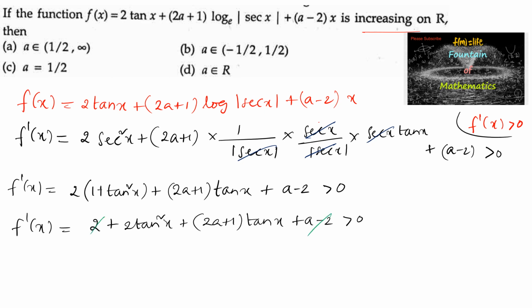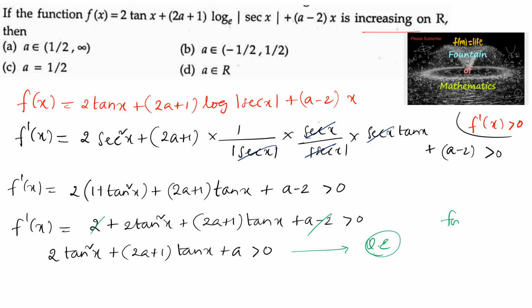So finally we get 2 times tan square x plus (2a plus 1) of tan x plus a is positive. So here it is an inequality, a quadratic expression with tan x as the variable. And we know that for all x belongs to R, tan x lies between minus infinity to plus infinity.